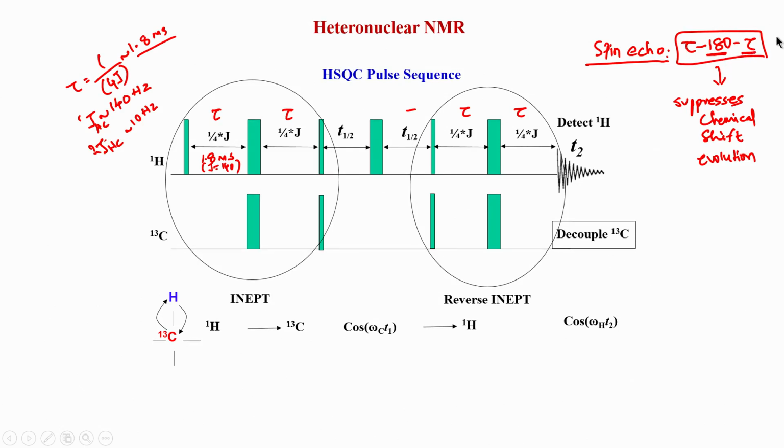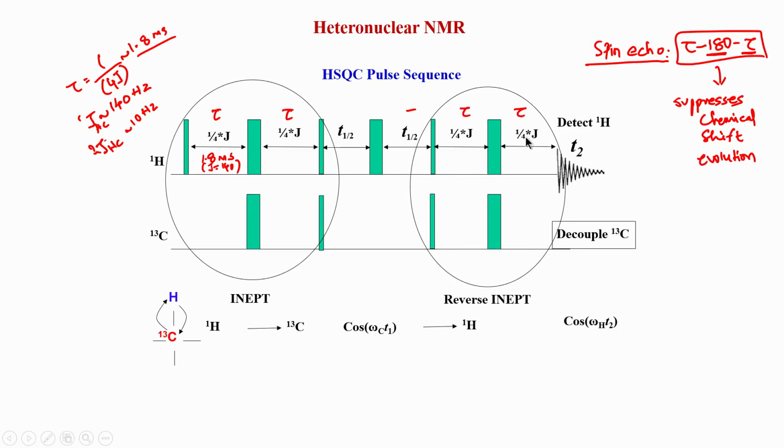If there is a sequence element like this, it suppresses chemical shift evolution for that nucleus where the 180 is applied. In this case the 180 is applied on both proton and carbon, so there is no question of chemical shift on proton and carbon, but the coupling is not suppressed. The coupling continues to happen during this total period, that is 2 times tau.